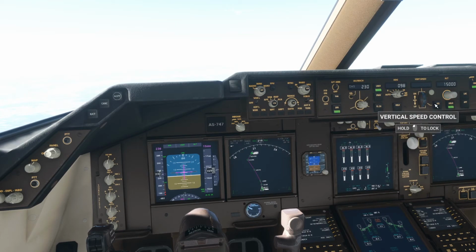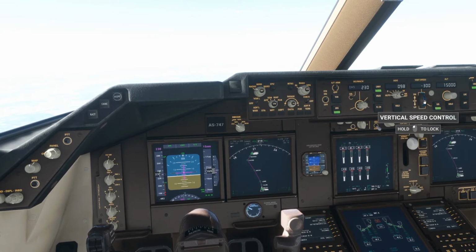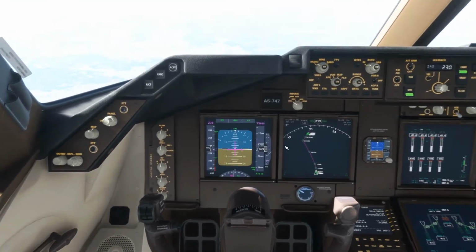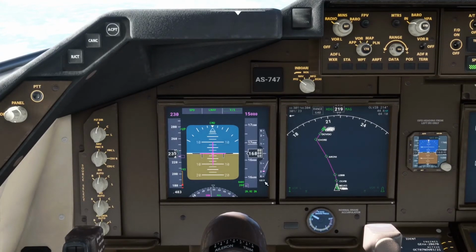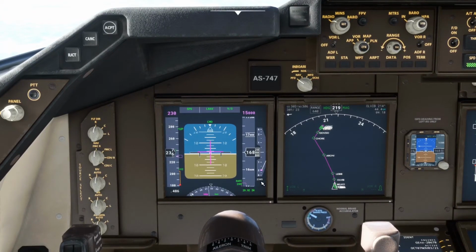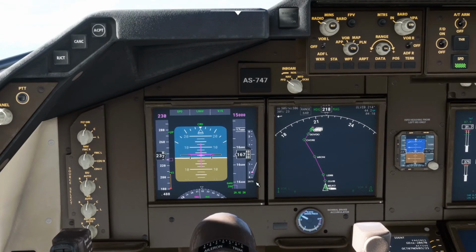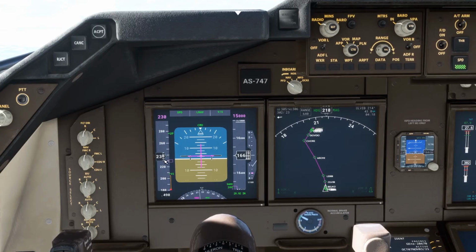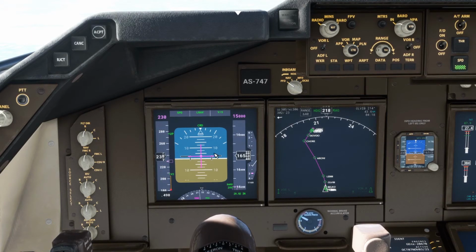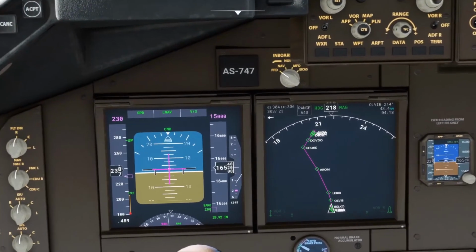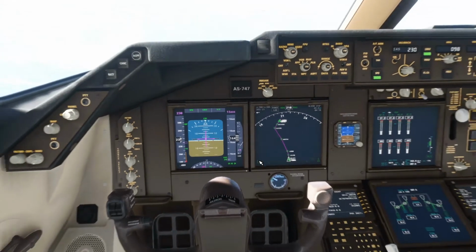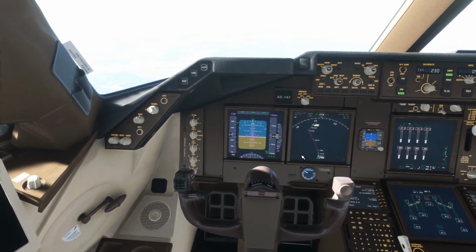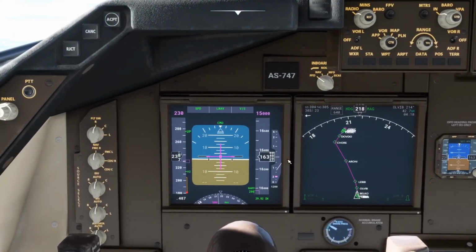Okay. And I will descend at, let's say, 2,000 feet per minute. And you can see that it is easily descending to 15,000 feet with the rate of 2,000 feet per minute, trying to stabilize because, you know, the autopilot is also adjusting the speed, the thrust. 15,000 feet, so the plane should level off.